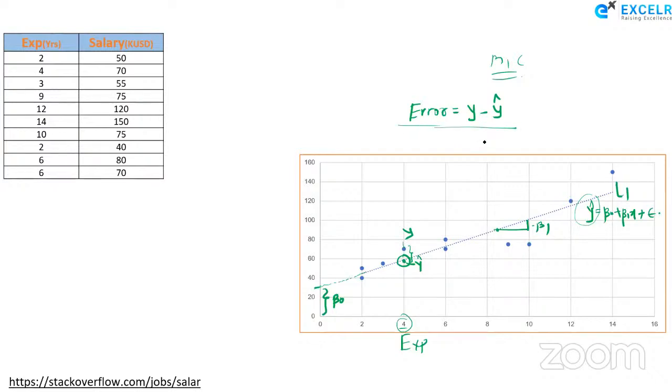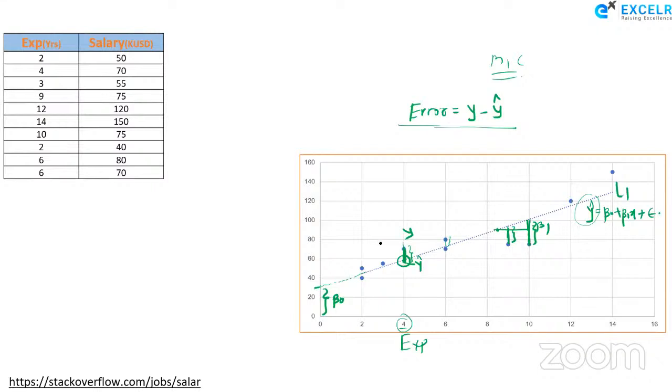So the difference between the point on the line and your actual dot, this distance, is nothing but your error, guys. So if you draw a perpendicular line to the line, these are all your errors. So I'm going to choose a line which will result in minimal errors, which means that all the data points should be as close to the line as possible.